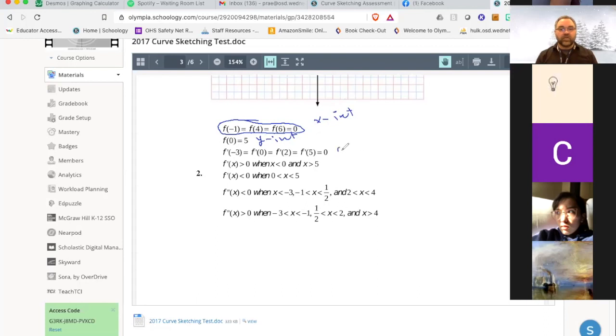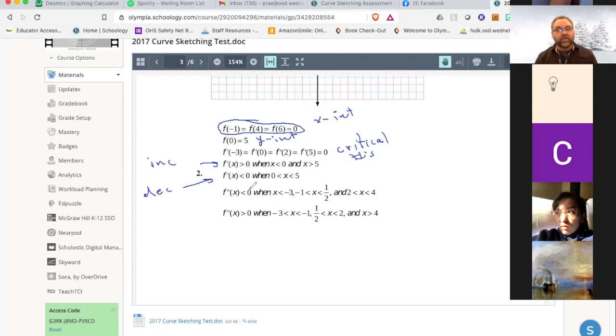These are our critical numbers right here. f'(x) is greater than 0 when x is less than 0 and greater than 5. This is where it's increasing. f'(x) is less than 0 between 0 and 5. Decreasing.